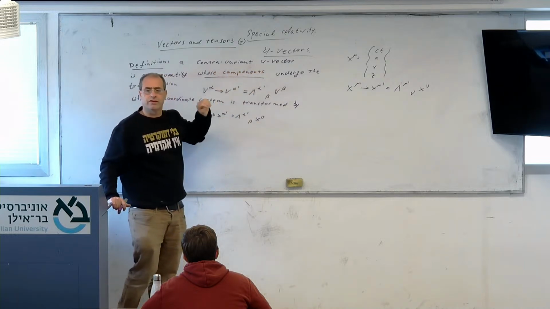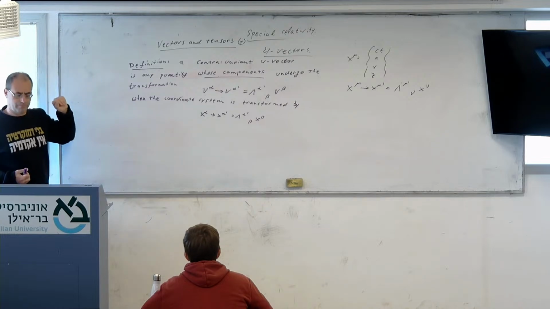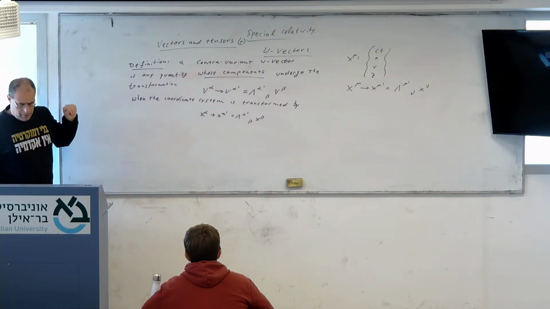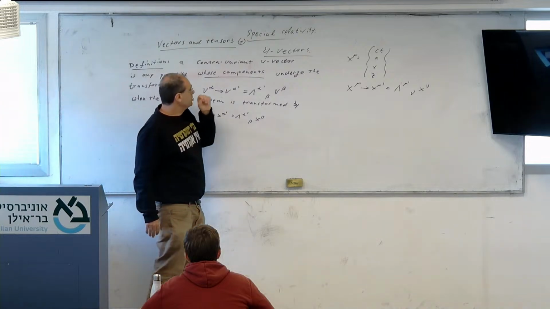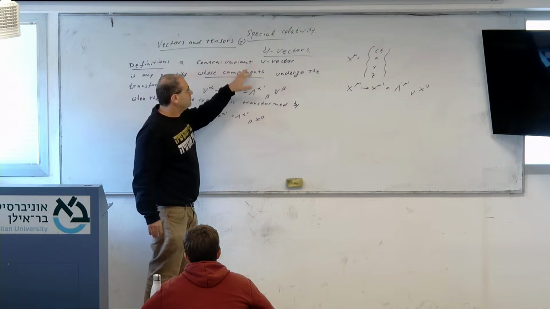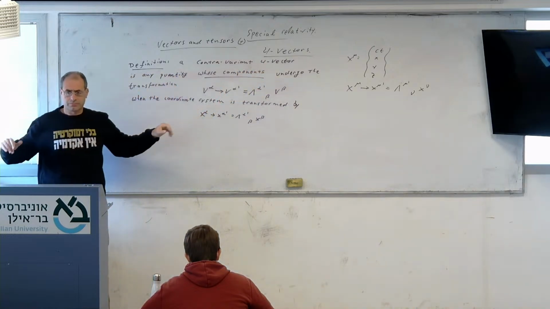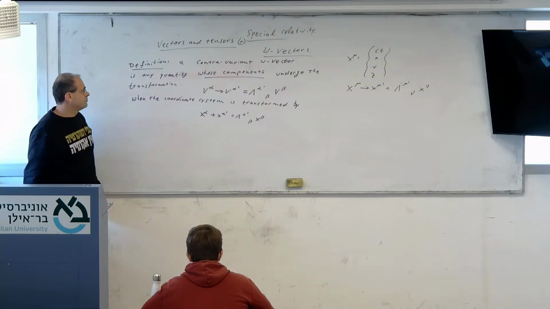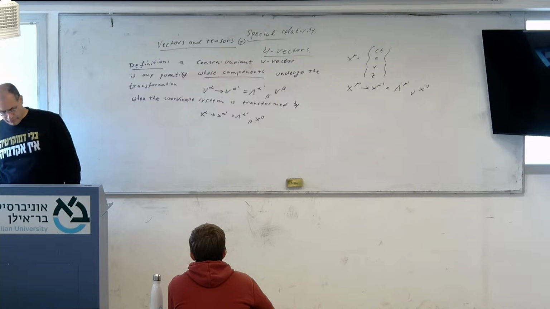I will not say contravariant mostly. Obviously, it has 4 components, dimension of 4. Okay. So one, it has 4 components, so 4 dimensions.